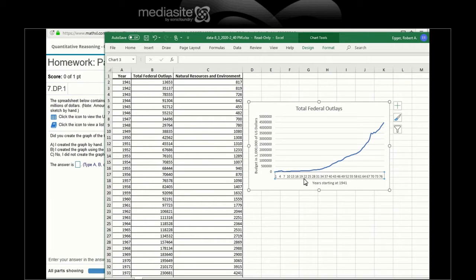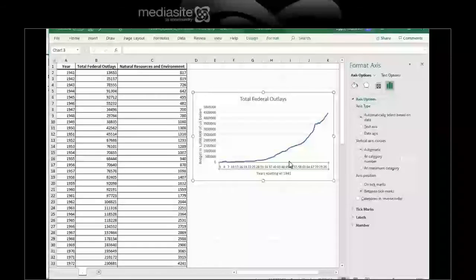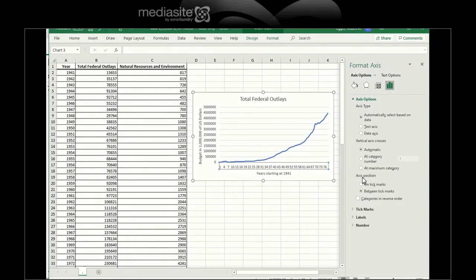And also remember, kind of spread this out a little more. I always have to play with this a little bit myself. Vertical axis crosses. I think it's done in the labels for every 10 of them. There we go.